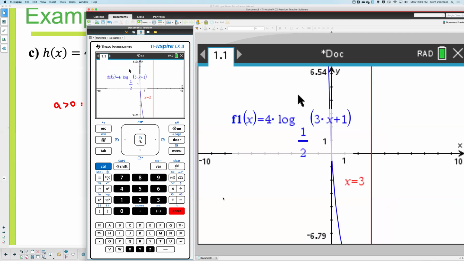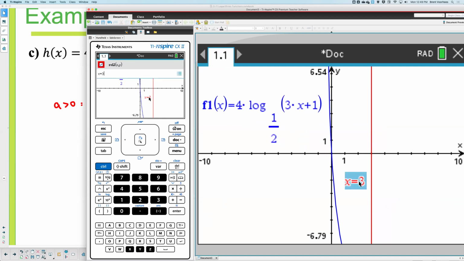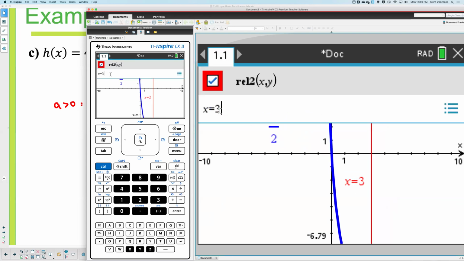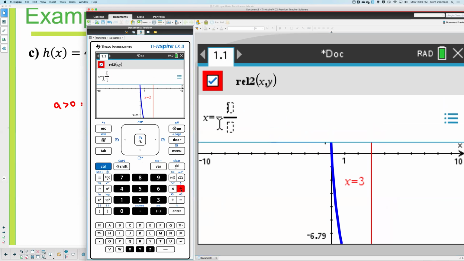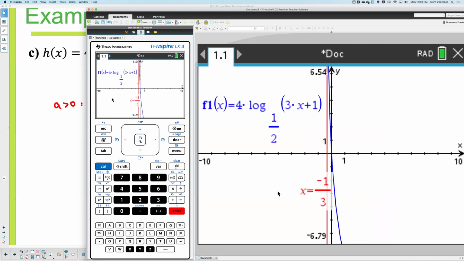We hit enter. I told you that this base would be different. It is. I mean, the asymptote. Where's our asymptote? Negative 1/3. Does that look like the correct asymptote? All right, great. That's going to be our graph.